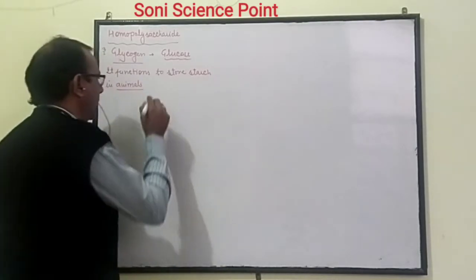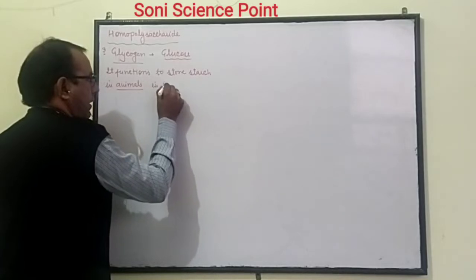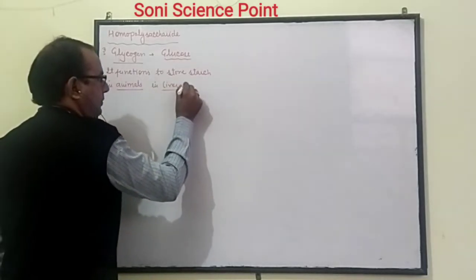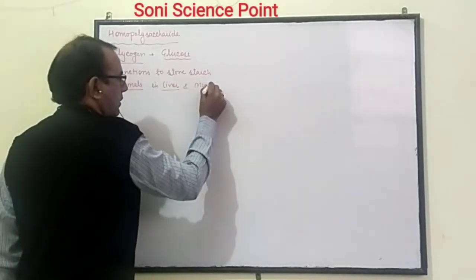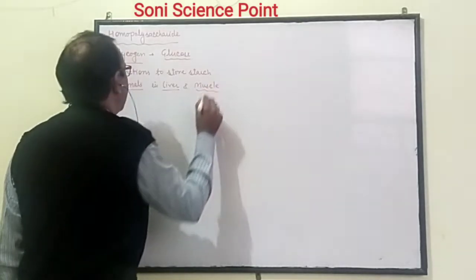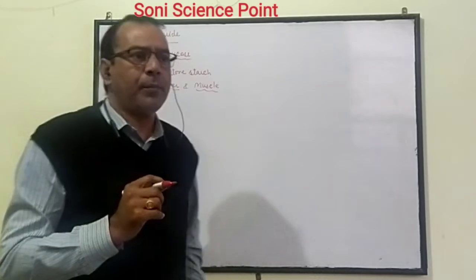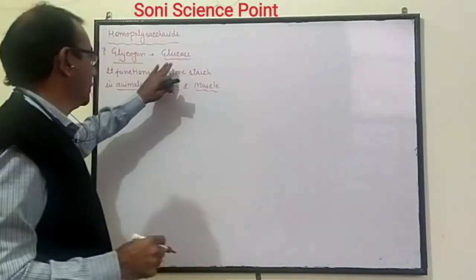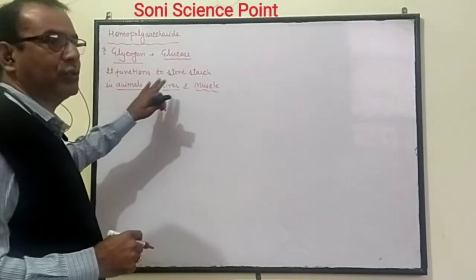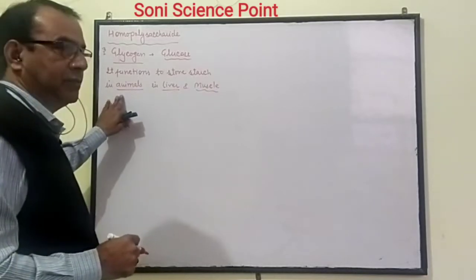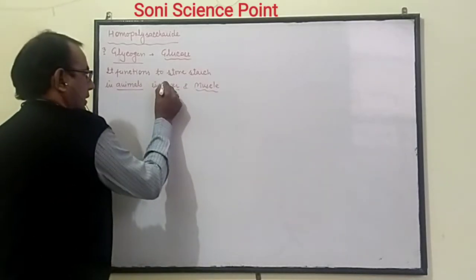Where does it store? In liver and muscles. This is the function of glycogen. Glycogen is a homopolysaccharide which contains many units of glucose, and it stores starch in animals, in the liver as well as in muscles.